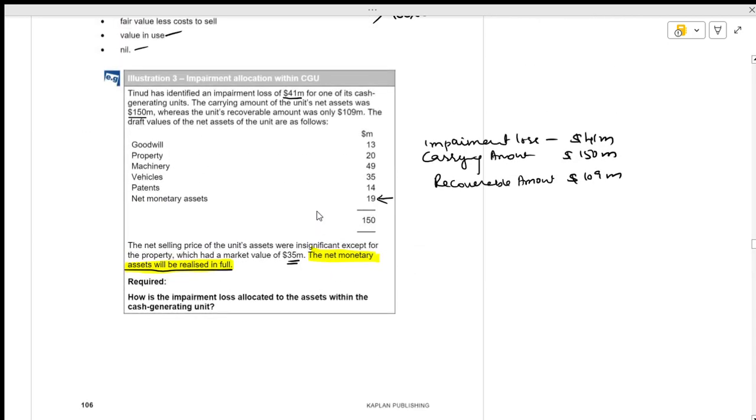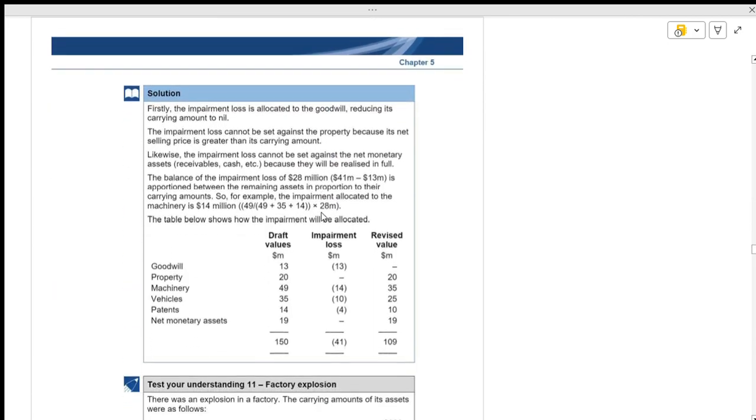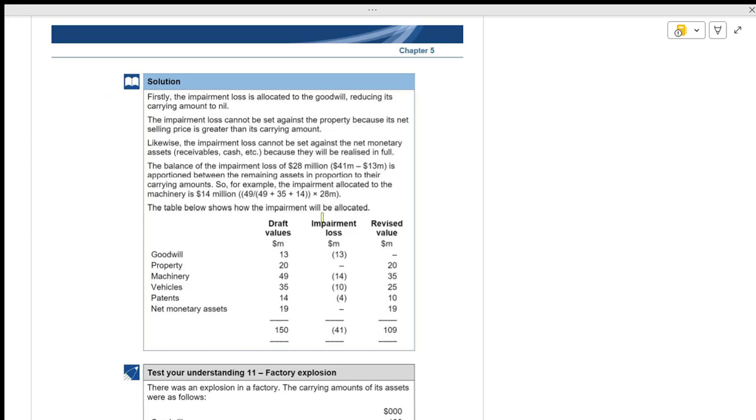What does it say? First, what will happen? Goodwill. Firstly, the impairment is allocated to the goodwill. Goodwill will become 0. Next, the impairment loss cannot be set against property because its net selling price is greater than the carrying amount. Carrying amount is 20, net selling price is somewhere 35.